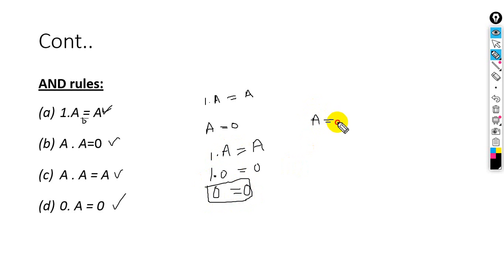If a is 1, then 1 AND a equals a. Now if the value of a is 1, then 1 AND 1: the value of a is 1, and 1 AND 1 is entirely 1. The AND operator result is 1, equal to 1. So hence we prove this.